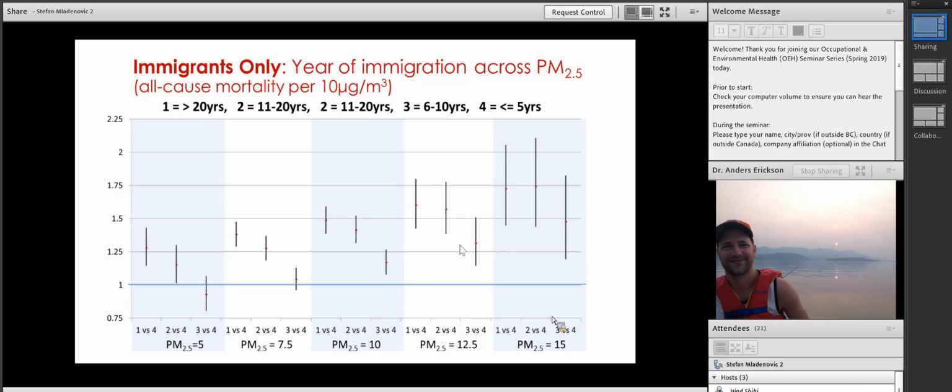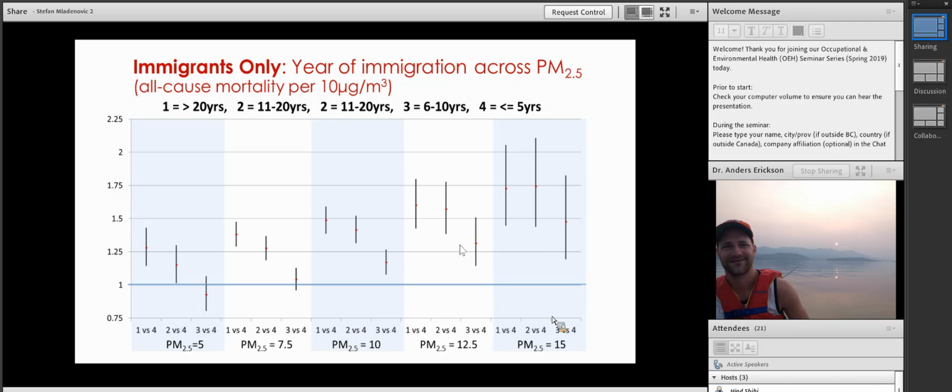What you're seeing is that this healthy immigrant effect seems to be stronger in higher pollution areas, and this could just be the fact of living in bigger cities having more protective effects. This could be because in larger cities there are, who knows, better choices of healthy foods, more community. I'm not quite sure.